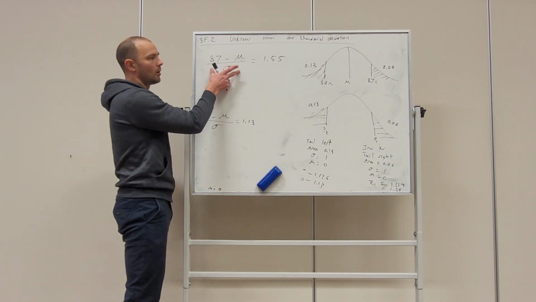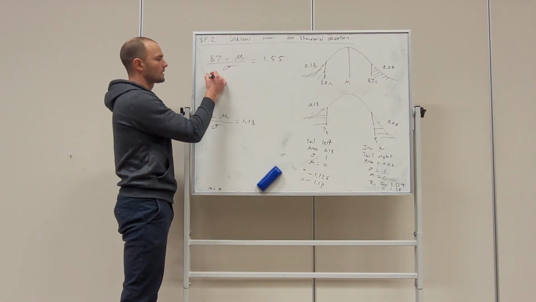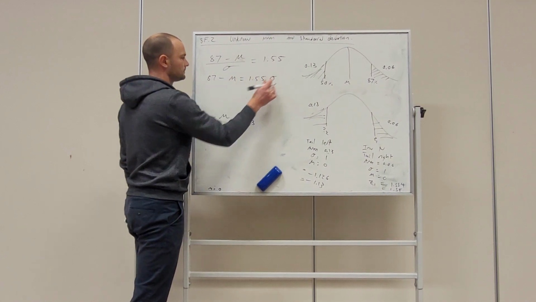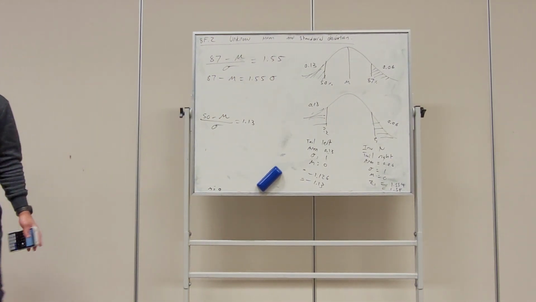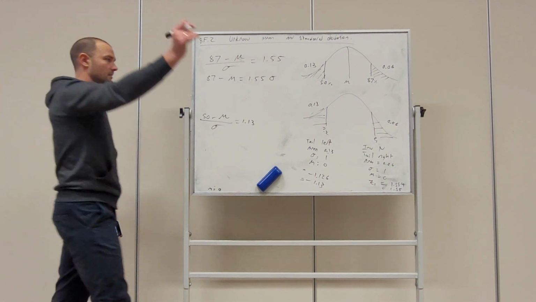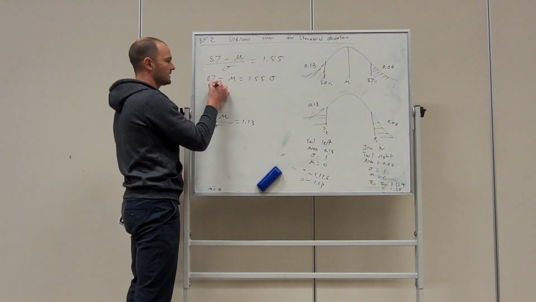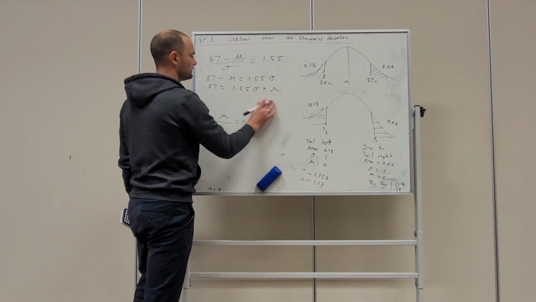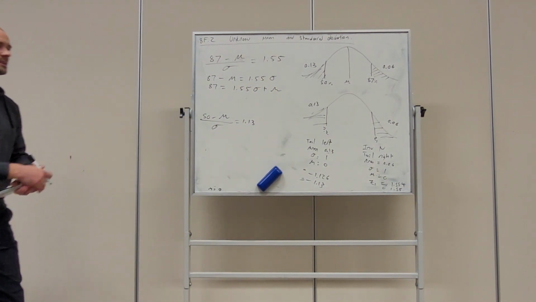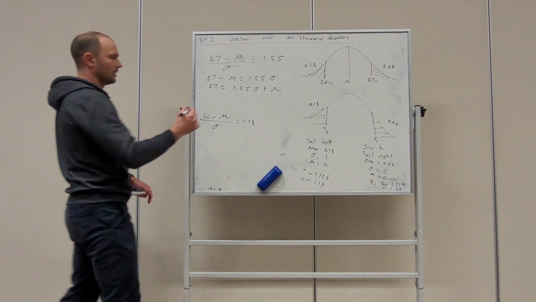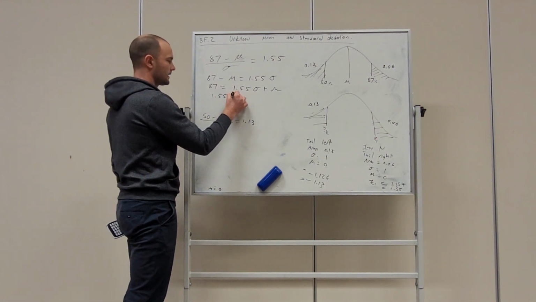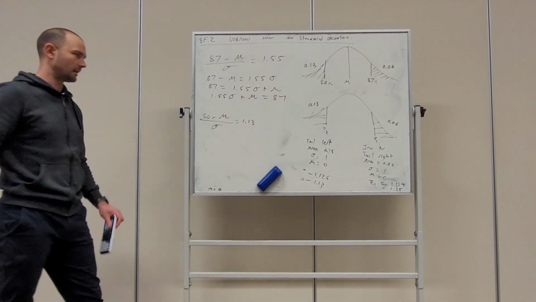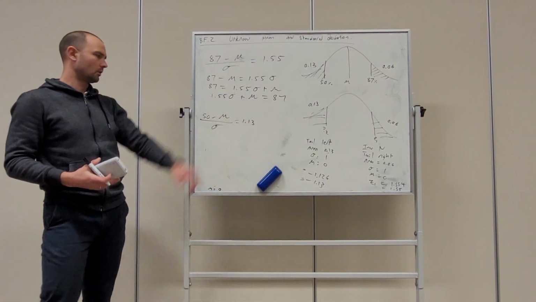So what I'm going to do is multiply both sides by sigma. That gives me 87 take mu equals 1.55 sigma. And then I'm just going to add the mean to both sides. So we'll have 87 equals 1.55 sigma plus the mean. And when we type it into our calculator, we'll type it in like this: 1.55 sigma plus the mean equals 87. That's the way to type it into our calculator, just reversing the equality statement.